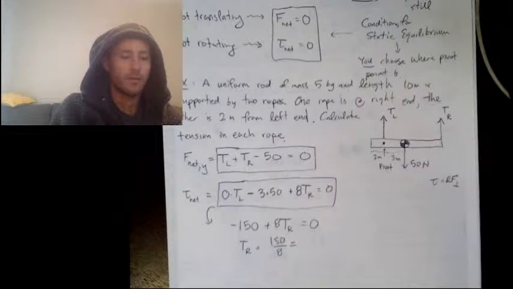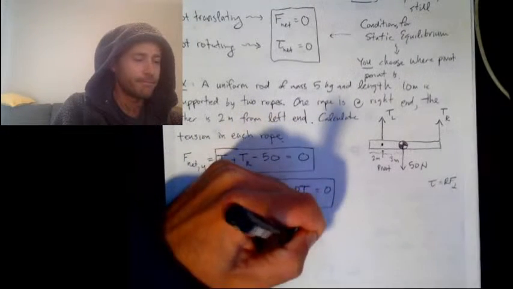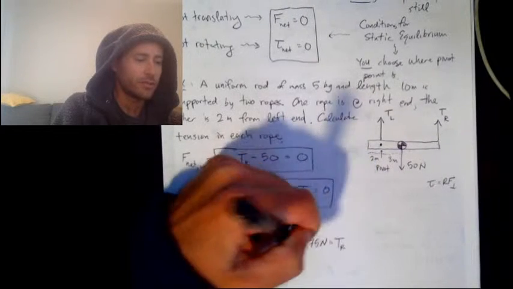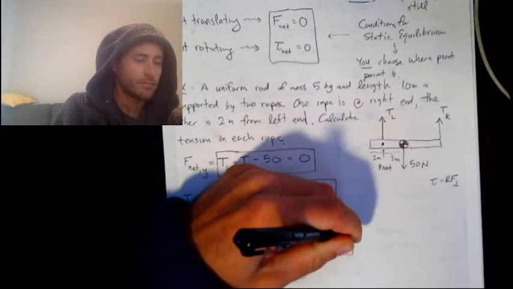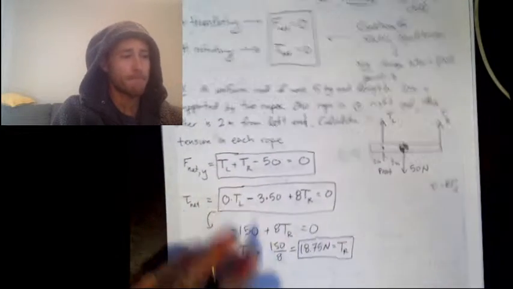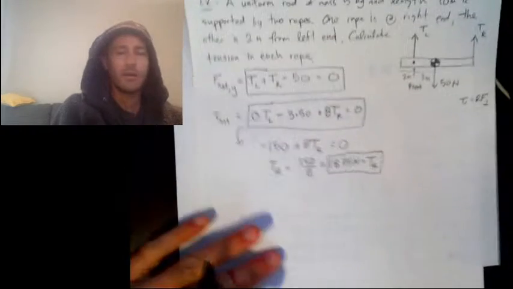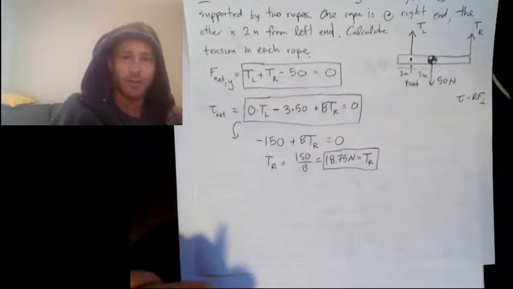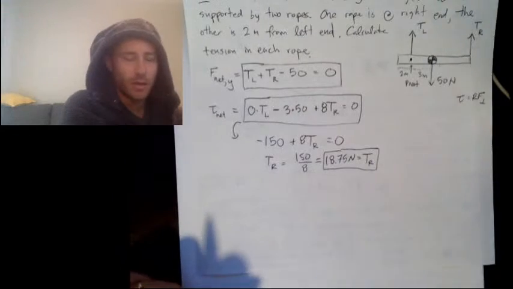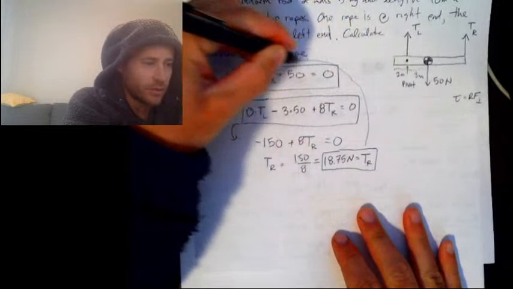150 over 8 is 18.75 newtons. So that is the right tension. Okay? That is the right tension. Now, when you're solving a system of equations, if you get one of the variables, you then re-plug it in to the other equation to get the second variable.